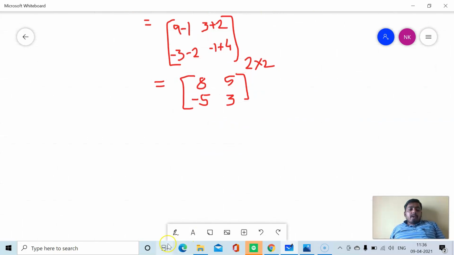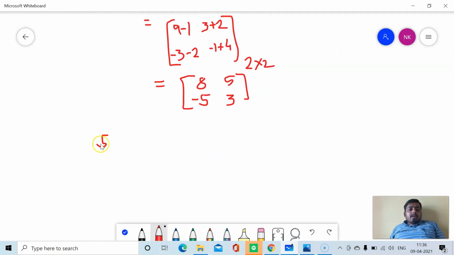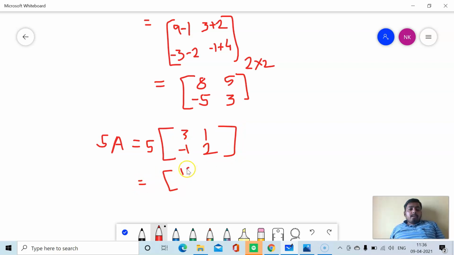So 5A is equal to 5 into A, where A is 3, 1, minus 1 and 2. 5 into 3 is 15, 5 into 1 is 5, 5 into minus 1 is minus 5, and 5 into 2 is 10.